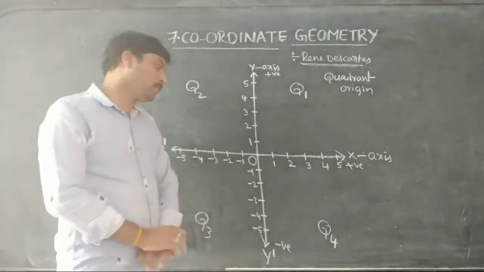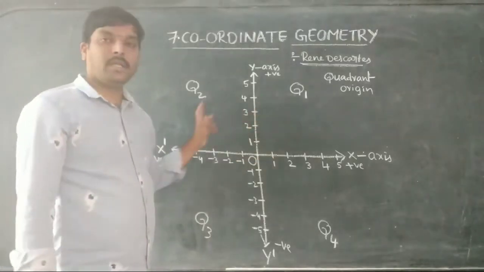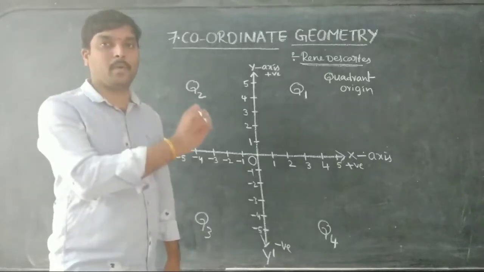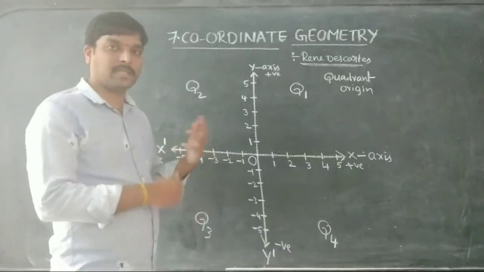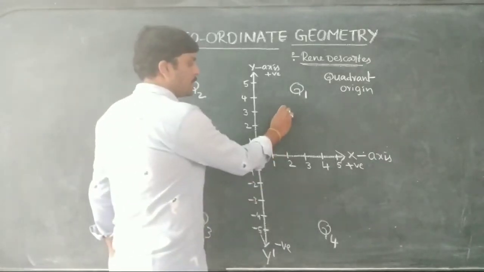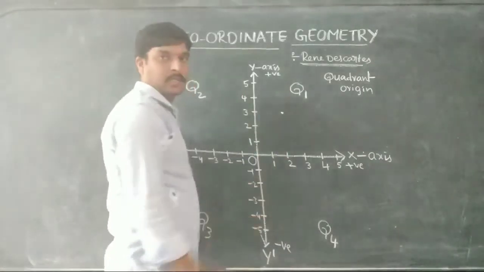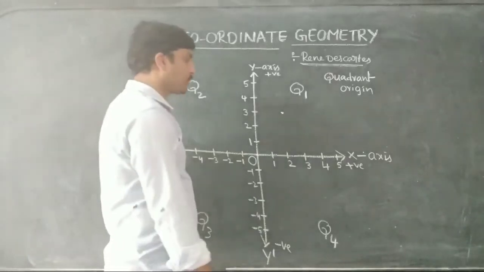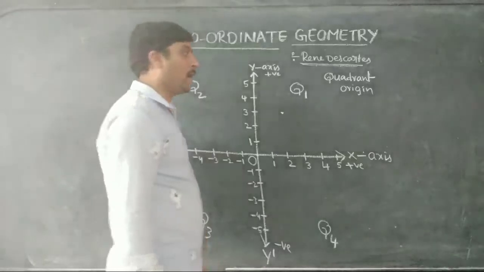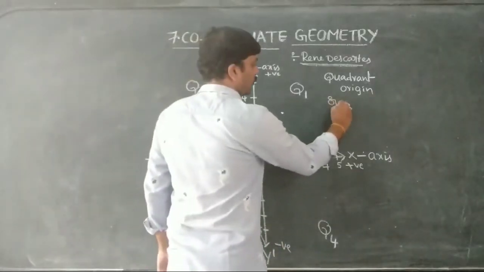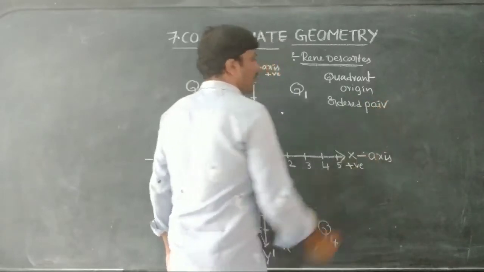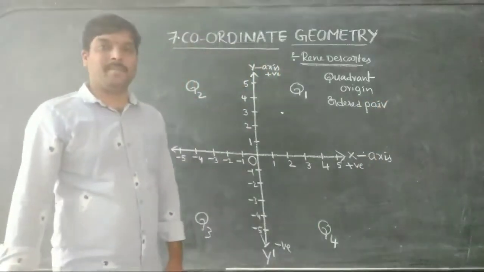Now, in those quadrants we have to plot, or represent, a point. This was already discussed in previous classes, but once again, suppose any one point we represent like this with a dot. That is called a point. How do we represent this point? With an ordered pair, a pair of elements.